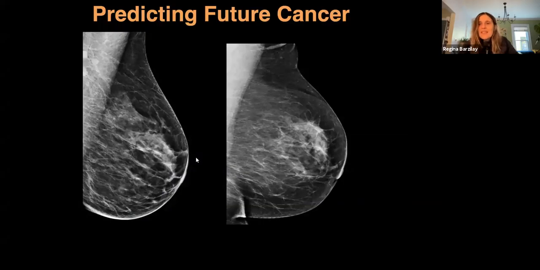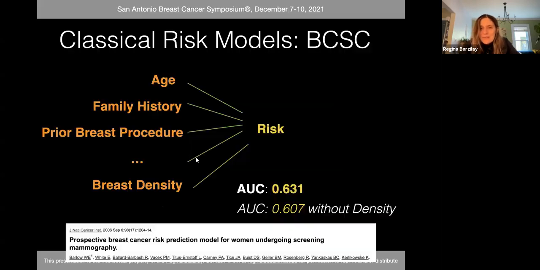But let me just think with you aloud. How can we identify, just looking at the image, the future cancer? It just sounds as if we're reading tea leaves. So the first thought that comes to mind is that density is doing something like this, and I totally agree with you.